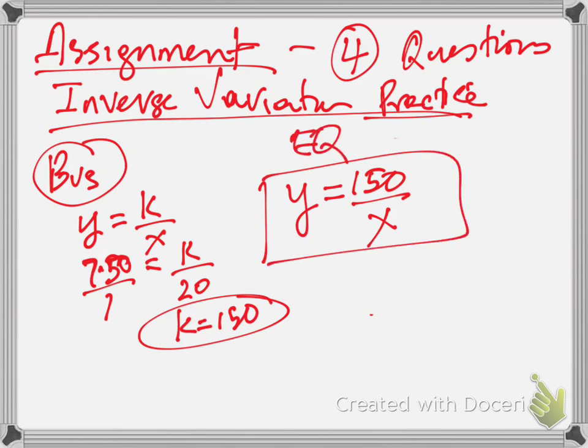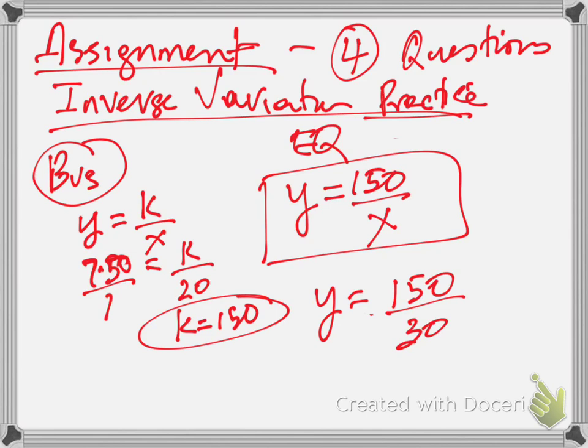And now to complete it, remember, they're asking you how much the cost per person would be. Now remember, the cost per person is the dependent variable. It depends on how many people are going on the trip. So the cost per person is my y. That is what I'm looking for. And x is the number of persons going on the trip.